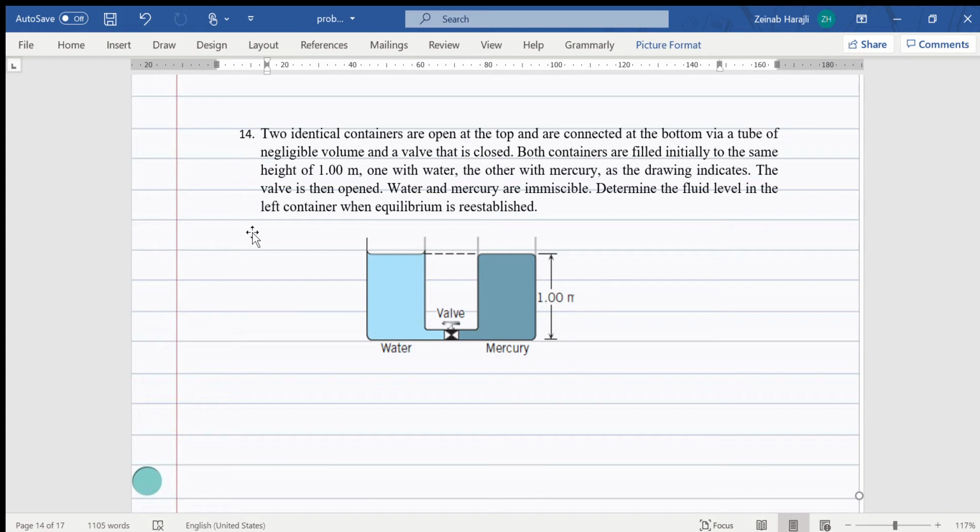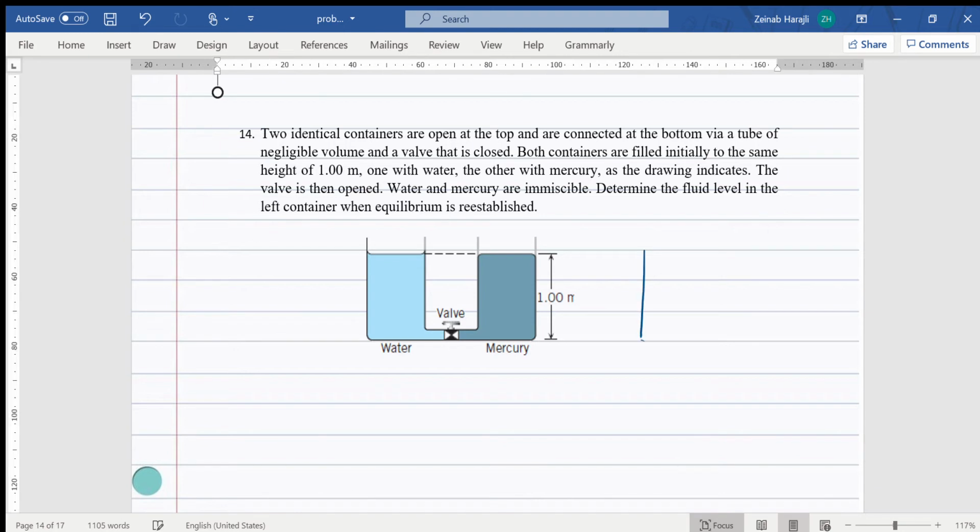Now we know that since mercury is more dense, it's going to flow towards the left container and it will push the water upwards. And we can now study some pressures at different points in order to try to find the new height that we will have after the valve is open.